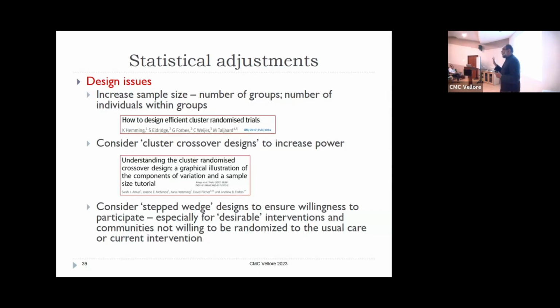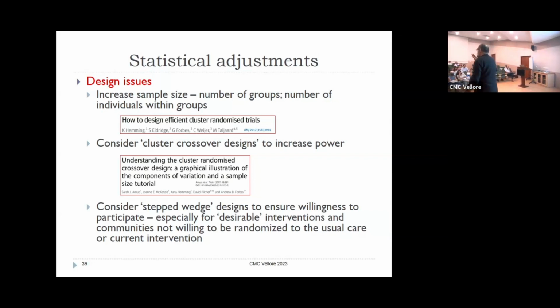One is called stepped wedge, that Professor Tambo mentioned. This is another one that we do. And stepped wedge is a cluster randomized one that's useful for increasing power, but also it is applicable in situations where washout is not possible.